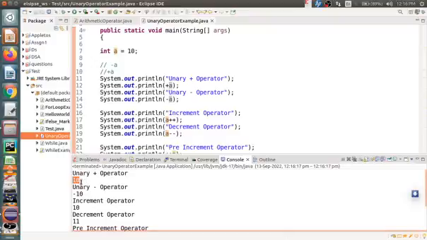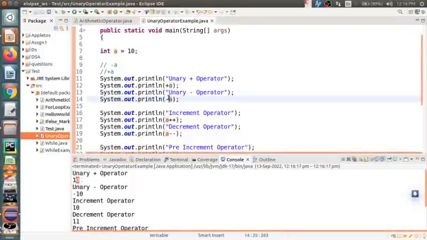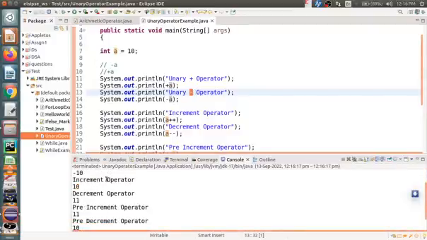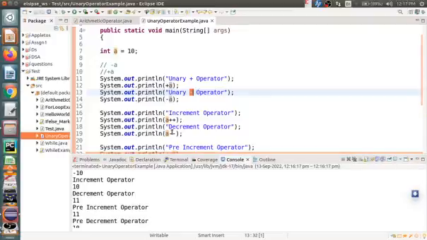By default it will be written as only 10 in digit form, but whenever we write the unary negative operator, or unary subtraction operator, then it will write minus 10. Similarly, the increment operator you can see as a plus plus, and now a minus minus.